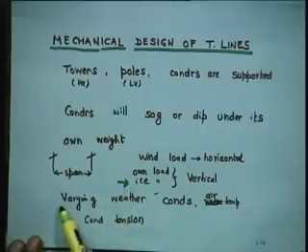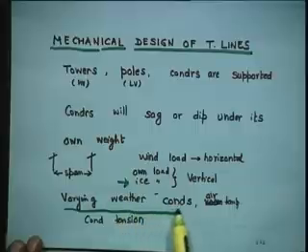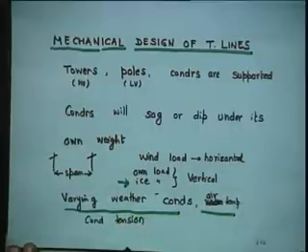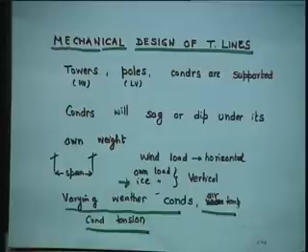This is why I have written varying weather conditions, varying air temperature. So conductor tension will also vary. If it is too windy, then there is a problem, sag will vary.